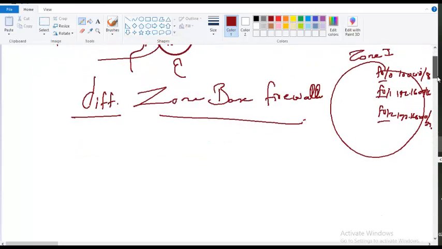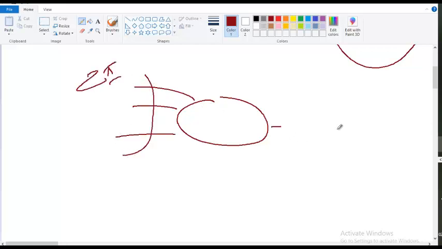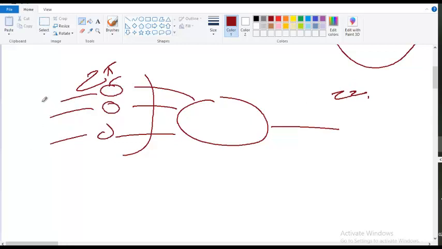In simple terms, you've got a router, and these three interfaces are inside zone 1, and there is an outside zone 2. Inside, you may have many networks. This A can ping this B through the route in the routing table, because the route is in the same zone.